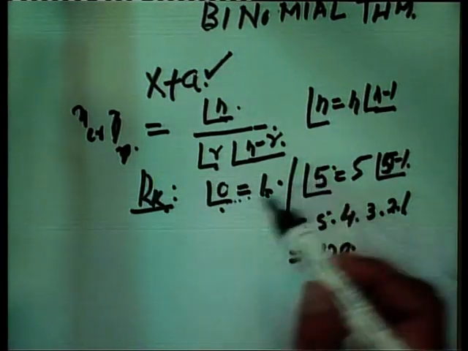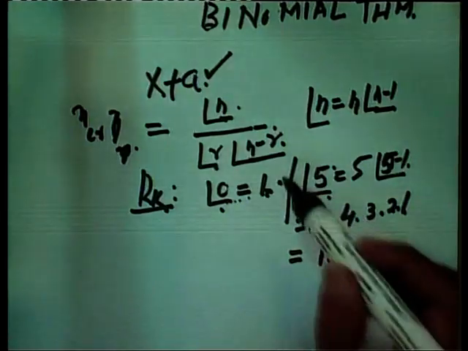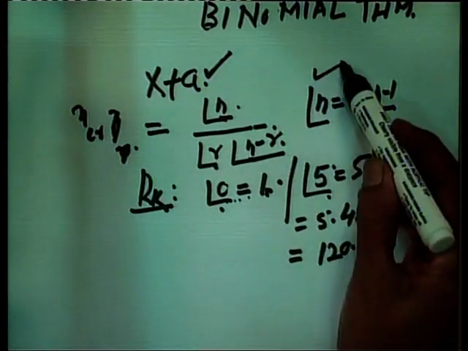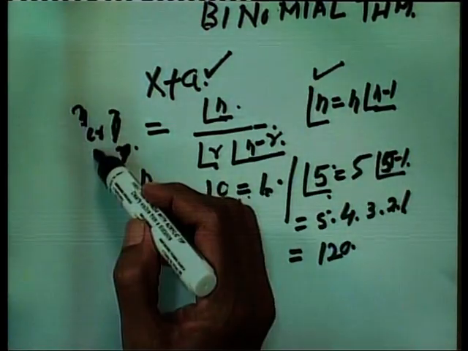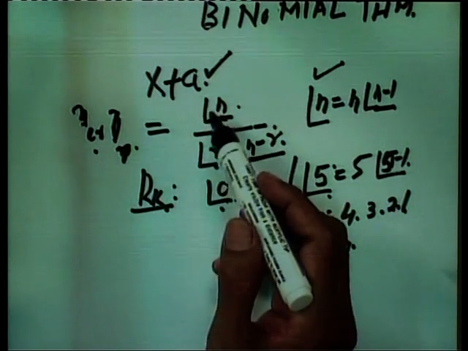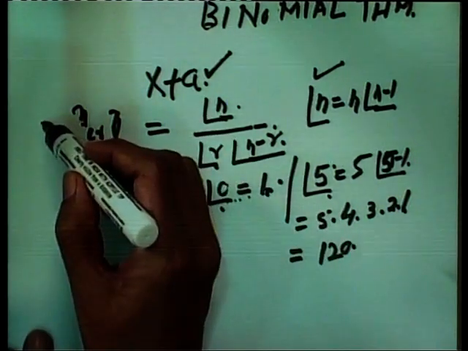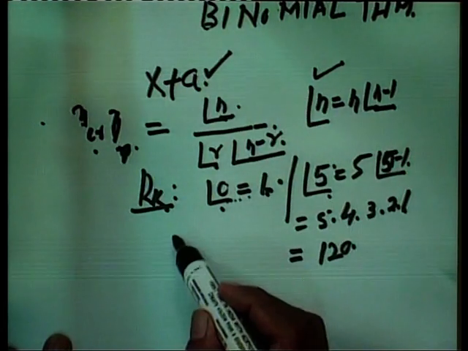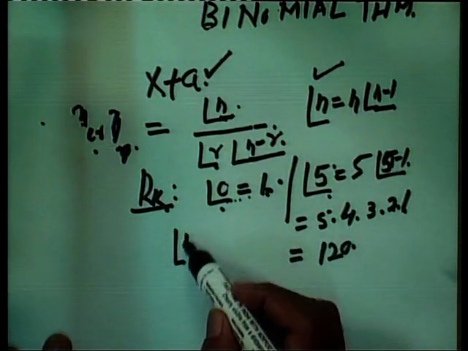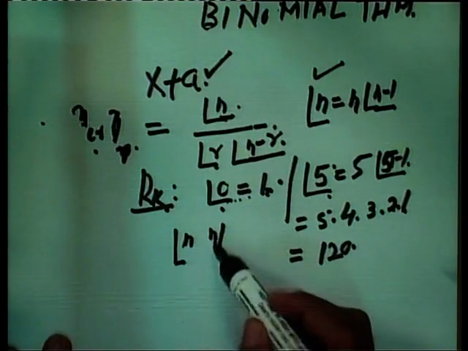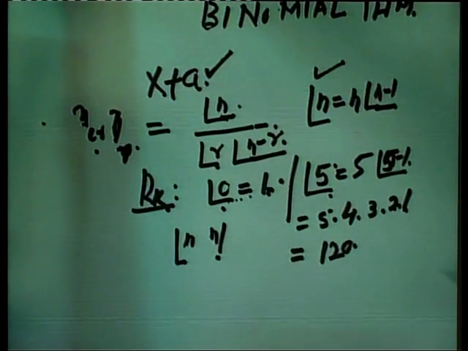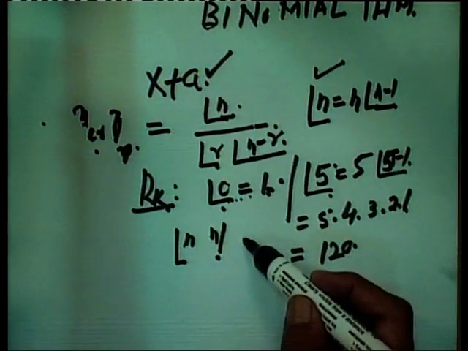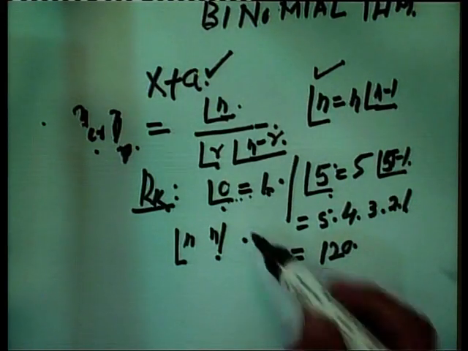So, factorial n is defined in this manner, and it is sometimes written in other ways also. This is just a matter of writing, there is no hard and fast rule.